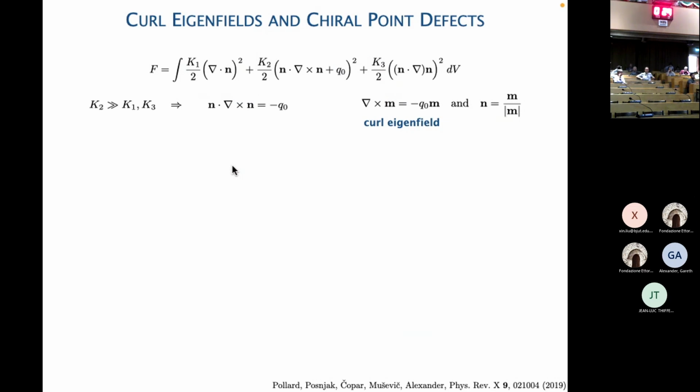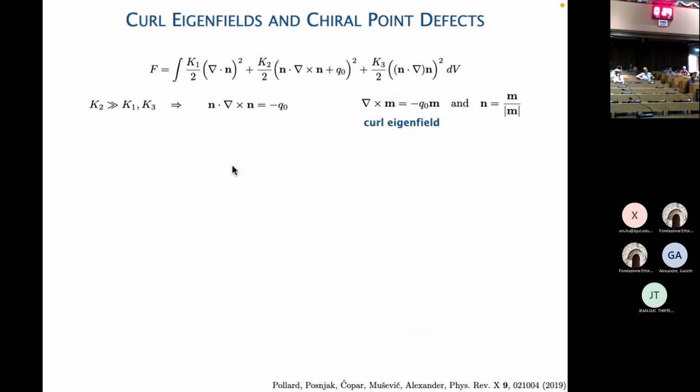And then if I take that particular solution and normalize it, it gives me a unit vector that satisfies this condition. Okay, so concretely, that's what I'm going to do. And I'm interested in defects in the material. And now that I've given myself a magnitude to my vector M, defects in that vector field are going to be zeros. So I'm really interested in zeros of curl eigenfields.